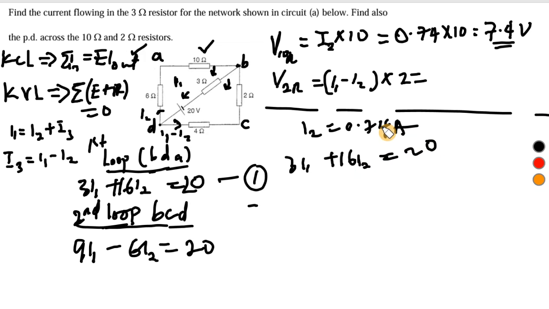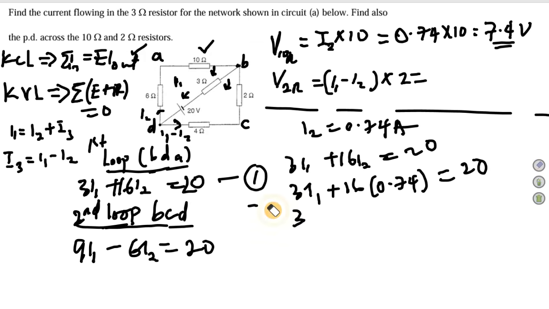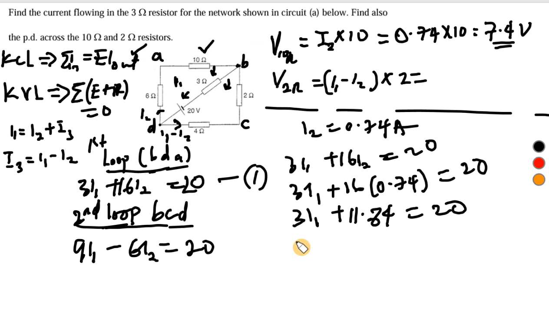Anywhere we see I2, we substitute with 0.74. So this is 3I1 plus 16 times 0.74, which will give us 11.84, equals 20. 3I1 is 20 minus 11.84, which gives us 8.16. So 3I1 equals 8.16.